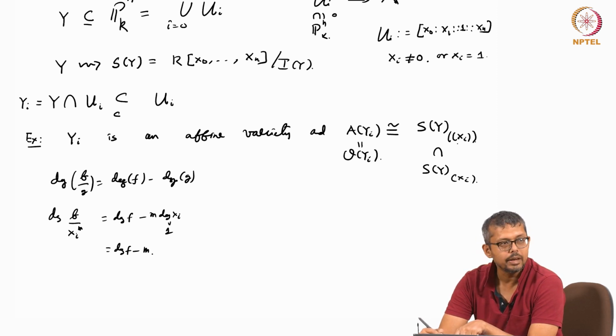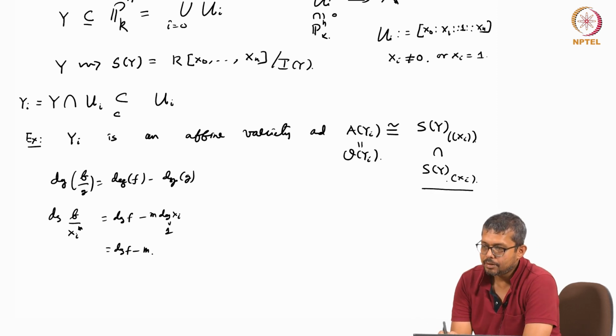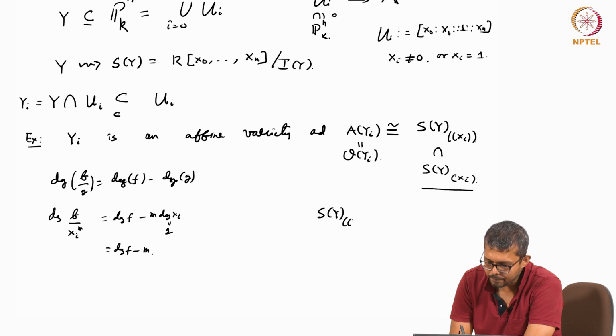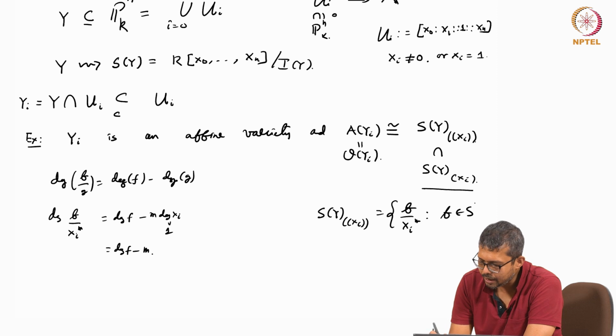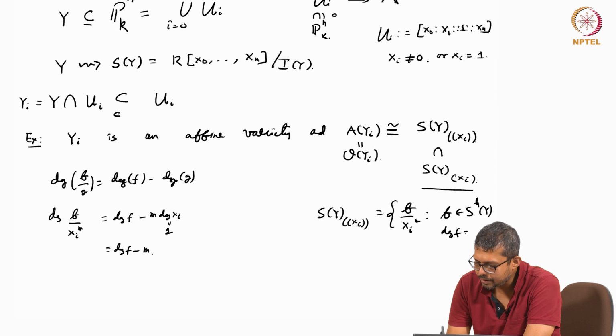So an element looks like f by xi power m, where f is in S(Y), f is homogeneous, and the degree of f is m, say for various m.